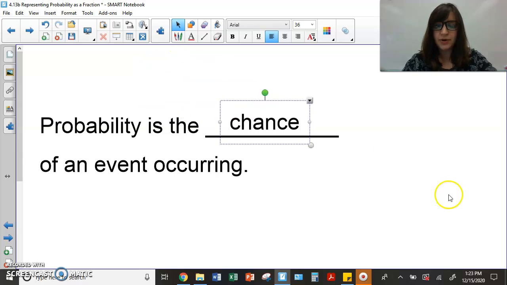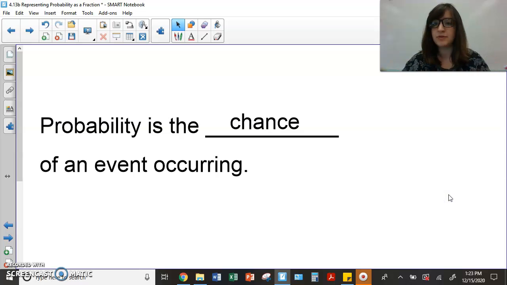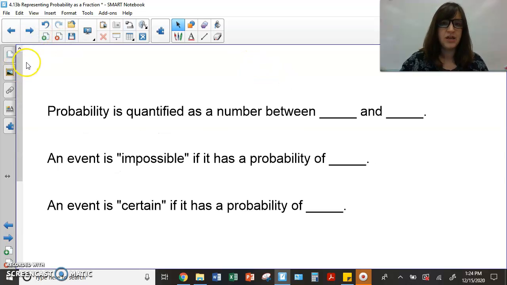In my video on using words, we were able to represent something as certain that it would happen, impossible that it would happen, using words like likely, unlikely, equally likely, and so we were able to represent it with words, but we're also able to represent it with numbers. So that's what we're going to talk about in this video.